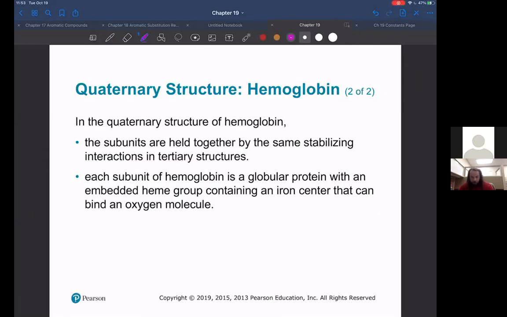With hemoglobin in particular, there's actually this thing called a heme, which is embedded in the middle of each of those tertiary structures. It contains an iron atom, and that's actually what the oxygen molecule is bound to. That's unique to hemoglobin.